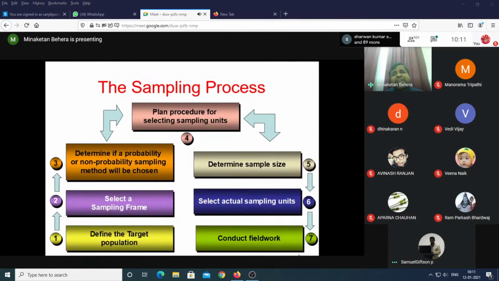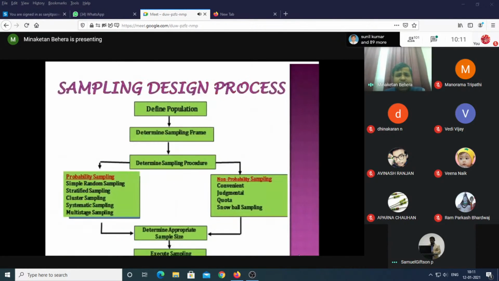If you go for economics, marketing, all types of quantitative work, you will find that sampling plays a significant role. I am coming to that, so you just look at it. Two things you will find: one is probability sampling, another one is non-probability sampling.